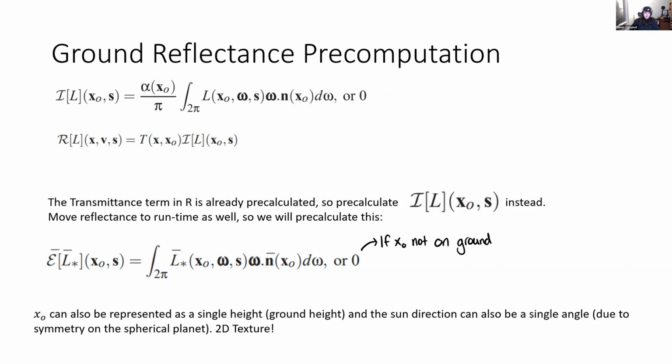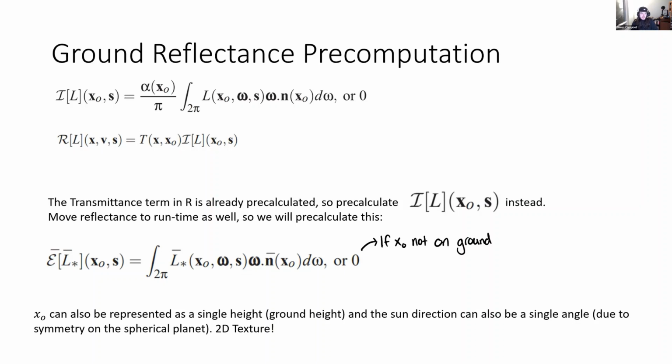In the R equation, you see it has transmittance. Well, we just pre-computed that, so we have that. Now we just need the I equation. Specifically though, the reflectance of the ground is something we're probably only going to know at runtime, because it relies on the actual properties of the point we're looking at.